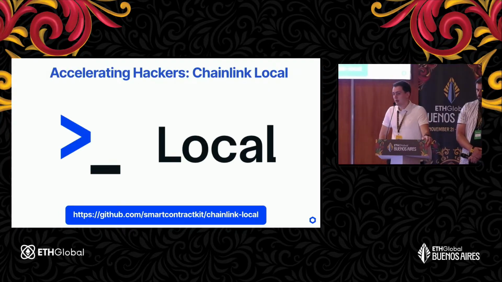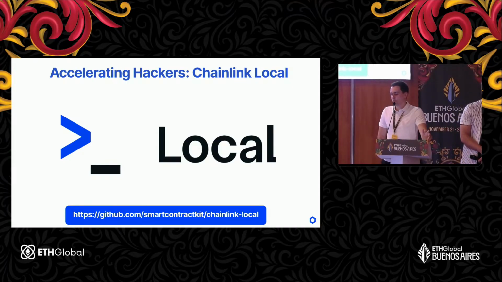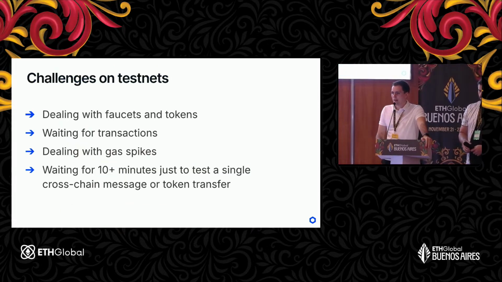Speaking of other Chainlink services, in the interest of time, you know that we developed this internal tool called Chainlink Local, which is essentially a local simulator. In CRE, we have CRE workflow simulate, so the simulator is built within CRE. But for other services, this is the simulator which, for example, for CCIP, will take less than a second to simulate the execution instead of 10 to 15 minutes.